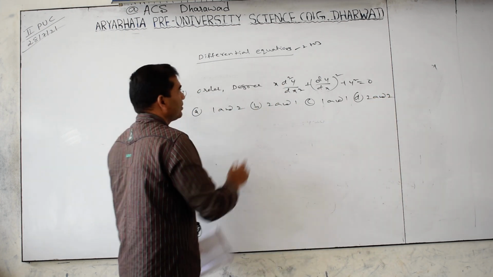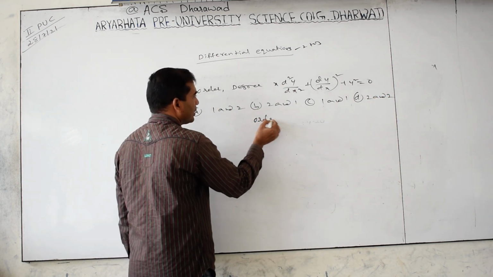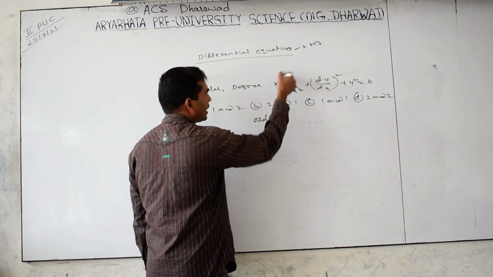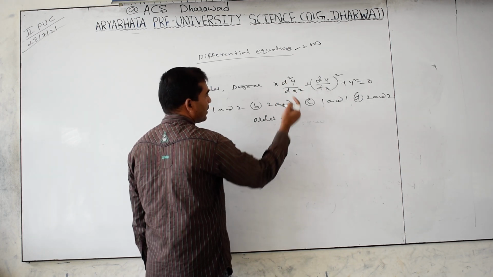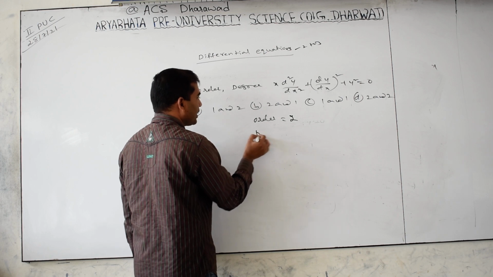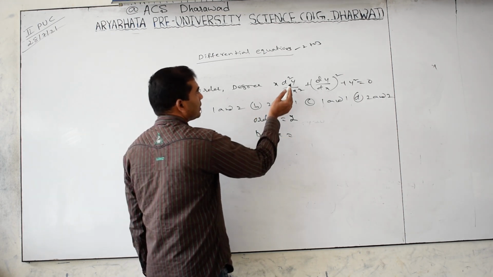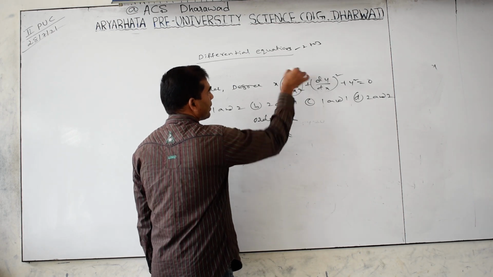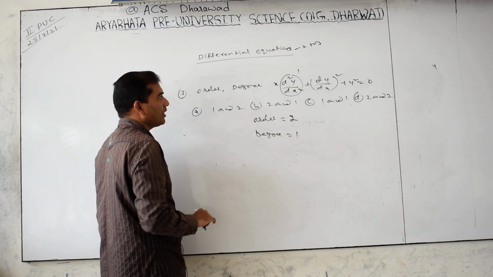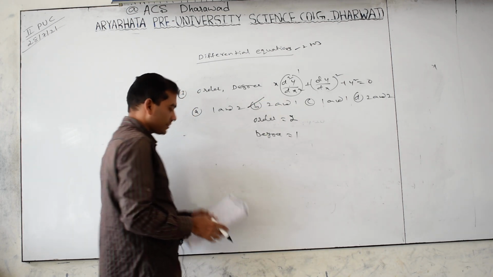Tell me, what is the order? 2. The highest derivative is the second derivative, so order is 2. And degree is the highest power of the highest derivative. Power is 1, so degree is 1. So 2 and 1, this option is right.